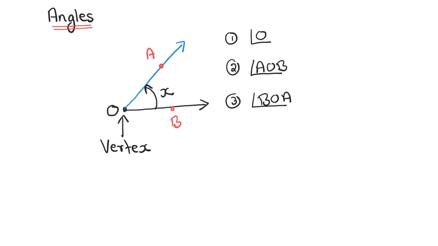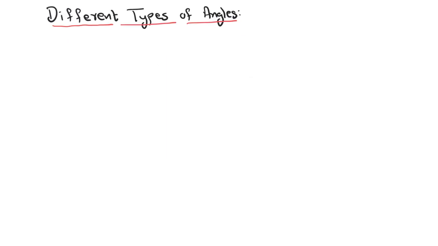Now let us see what the different types of angles are. Number 1, if the angle is 90 degrees, it is called a right angle.